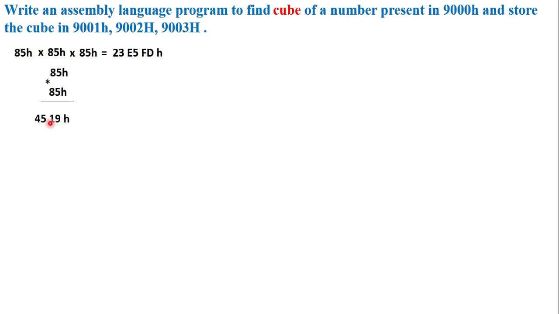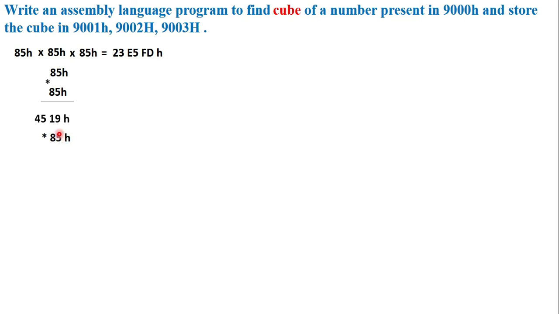This result should now be again multiplied with 85H to obtain the cube of the number. But the problem we encounter here is 8051 is an 8-bit microcontroller. That means it can handle only 8-bit numbers at a point of time. So the 8051 microcontroller cannot multiply the 16-bit number directly with the 8-bit number.